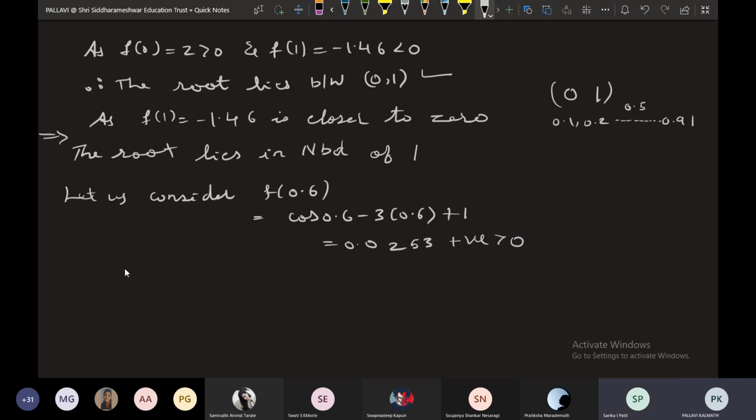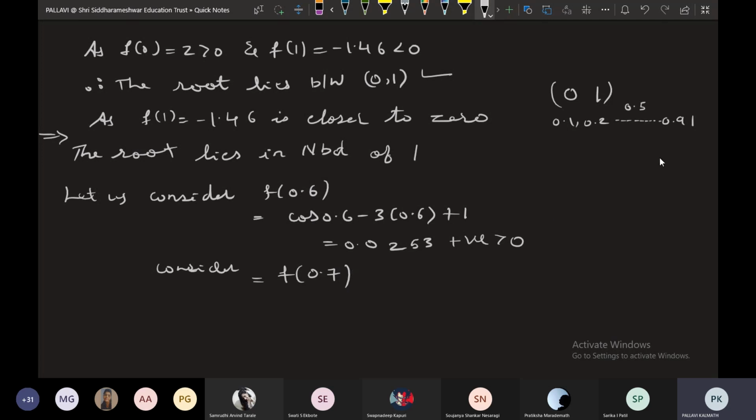Then f of 0.7. So after f of 0.6, which you would like to consider, or which we should consider correctly? I should consider two consecutive values.